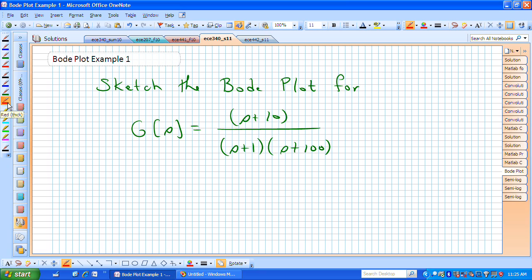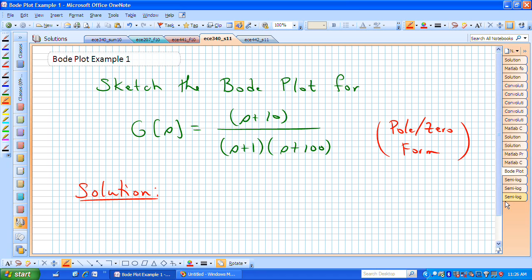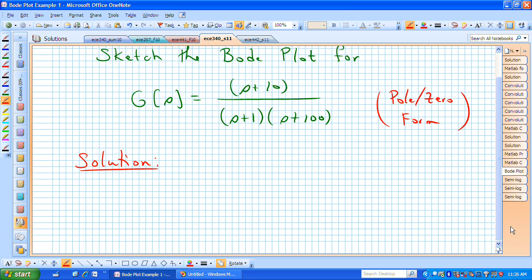I think before we even hardly get started with the solution, I'm hoping that by now you can see that this transfer function is in what I'm calling the pole zero form. In order to sketch this with a Bode plot, what I like to do is to convert the pole zero form, or any other form, into time constant form.